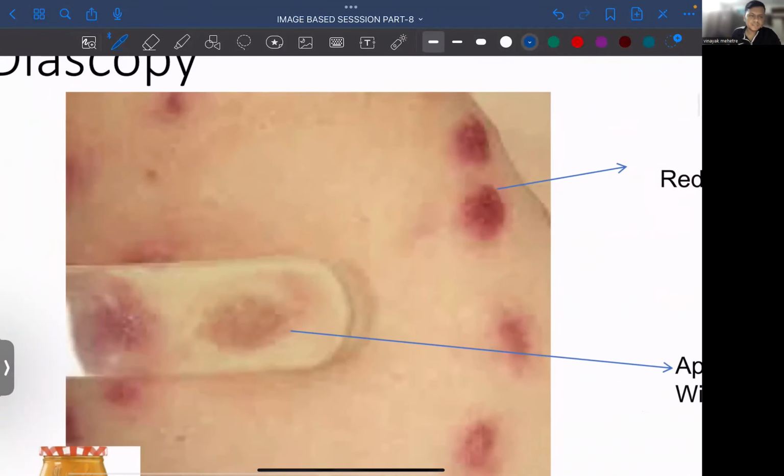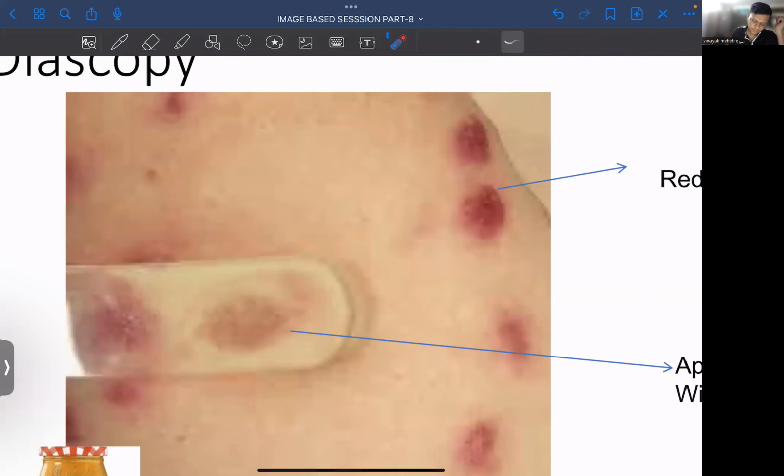Now take a look over here. This is called diascopy. Diascopy means if there is a lesion, we will take a glass slide and press it.